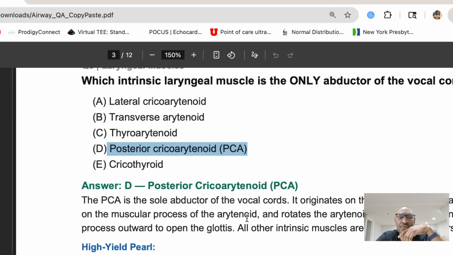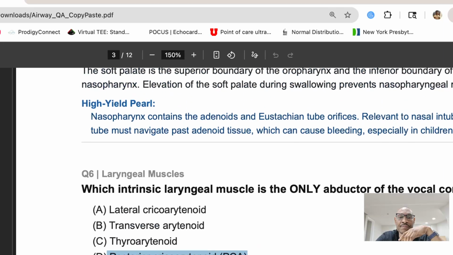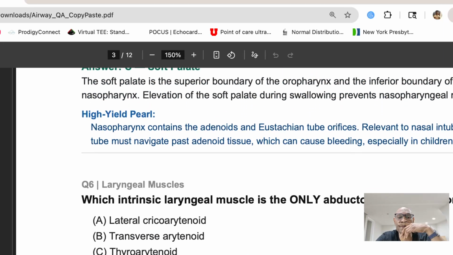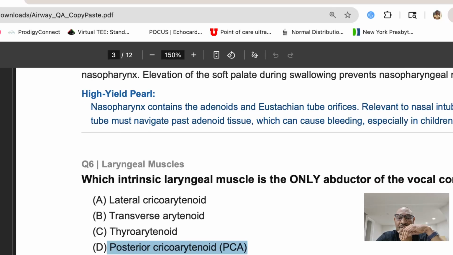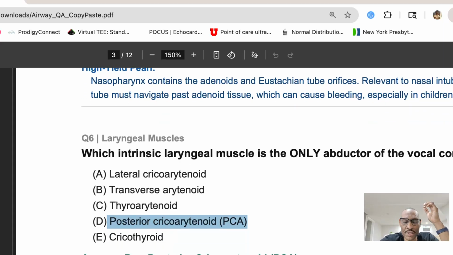Okay, so the PCA is the sole abductor of the vocal cord. It originates on the posterior cricoid lamina, inserts on the muscular process of the arytenoid, and rotates the arytenoid laterally. I'm going to ask myself, what is the function of the posterior cricoarytenoid? It is the only abductor of the vocal cords.